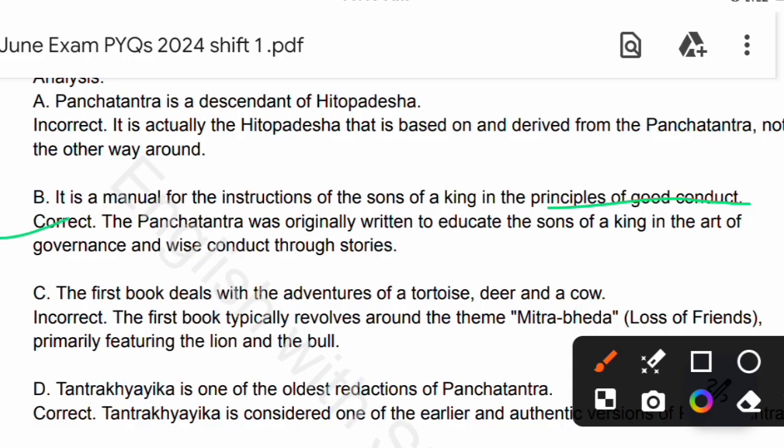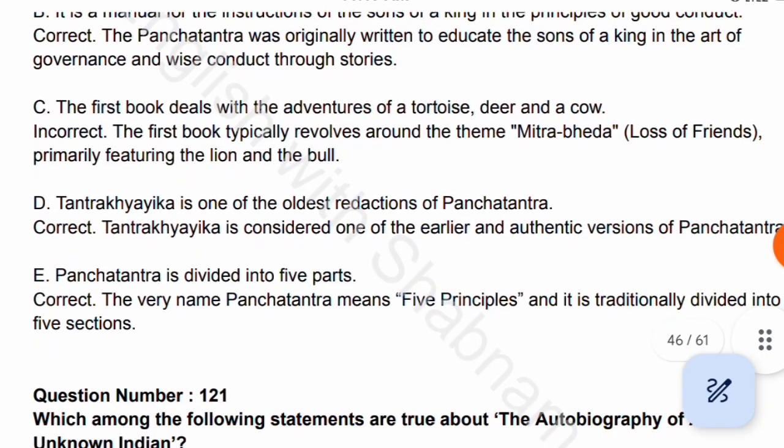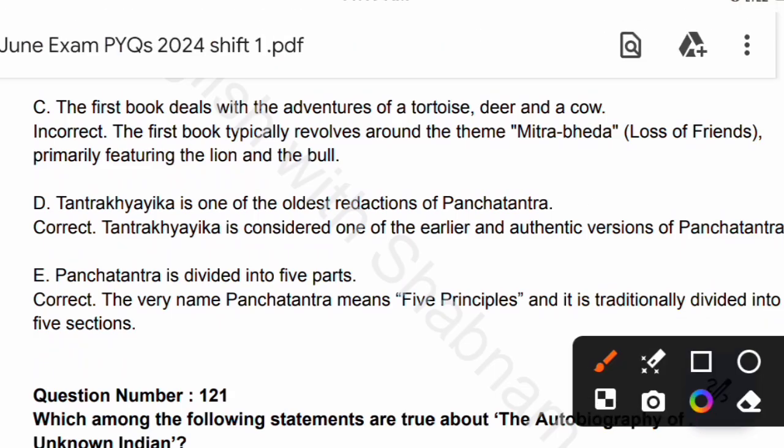The first book deals with the adventures of a tortoise, deer, and a cow: this was wrong. And D, Tantrakhyayika is one of the oldest recensions of the Panchtantra: it was true. And Panchtantra is divided into five parts, that means five principles, and it is traditionally divided into five sections. So these are the correct answers.